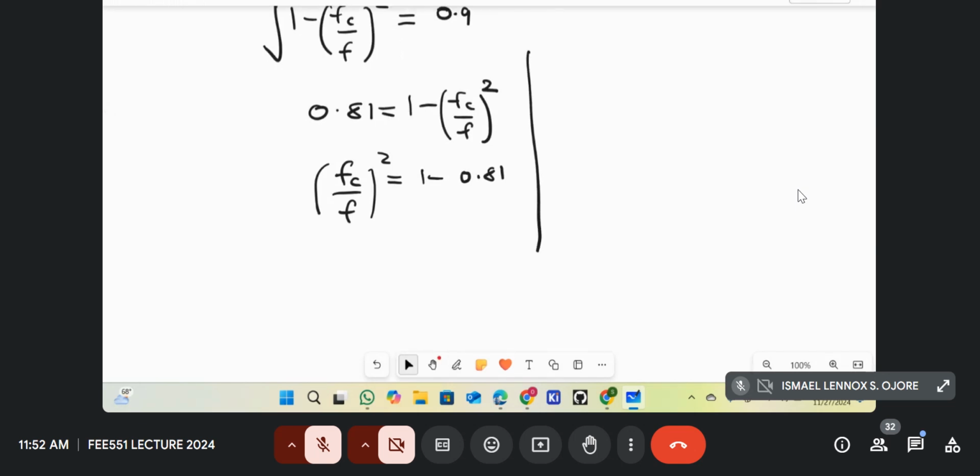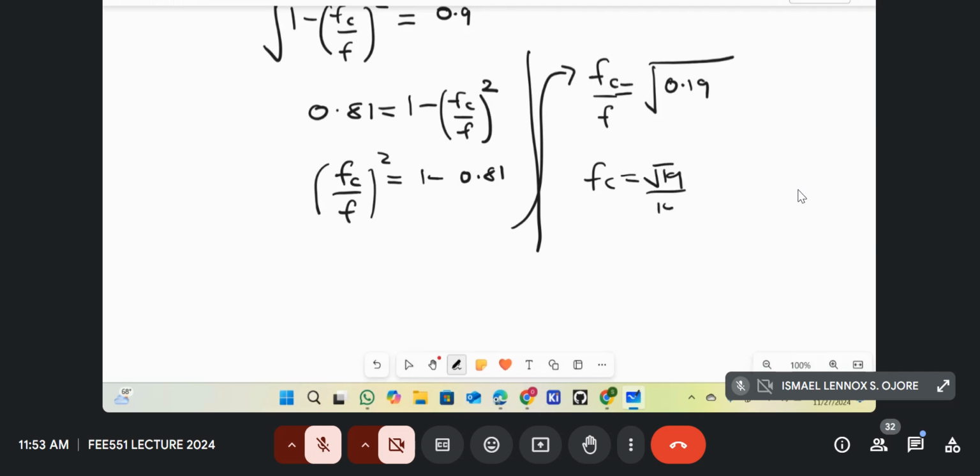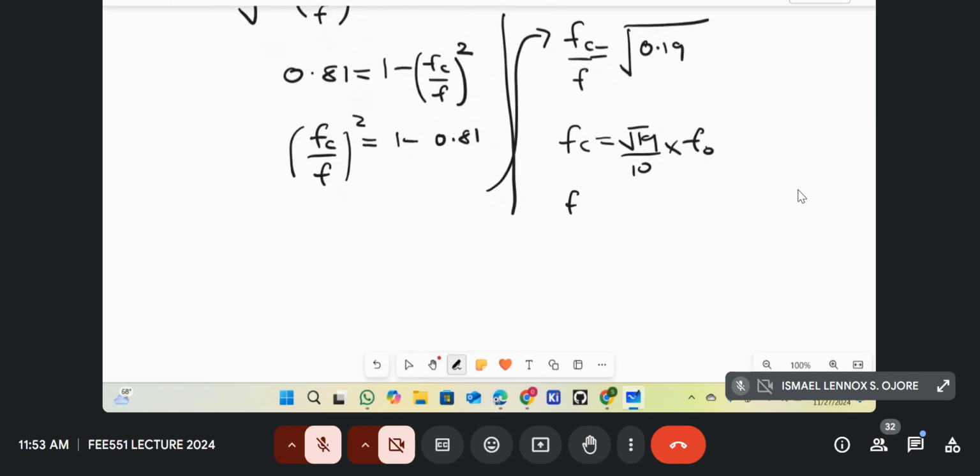So fc over f equals the square root of 0.19. So fc equals the square root of 19 over 10 multiplied by the operating frequency, which was 6 gigahertz.